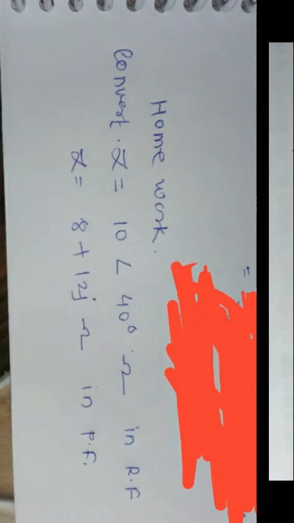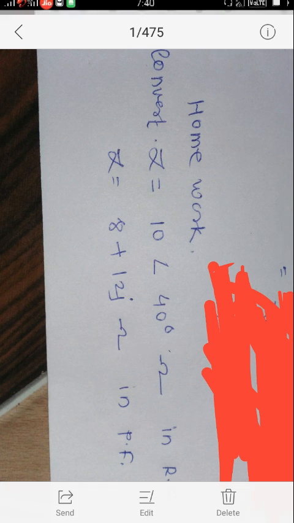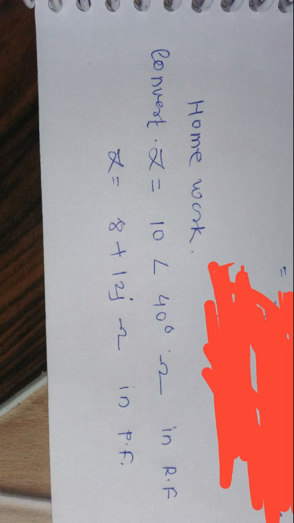Now we have one more example. Convert the following quantities, that is Z is equal to 10 at an angle 40 degree ohm into rectangular form and Z is equal to 8 plus 12j ohm into polar form.